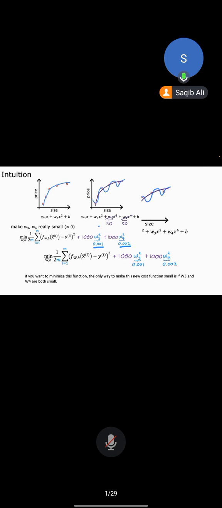So the objective is to reduce the values of the parameters as small as possible. If you want to minimize this function, the only way to make this new cost function small is if w3 and w4 are both small.